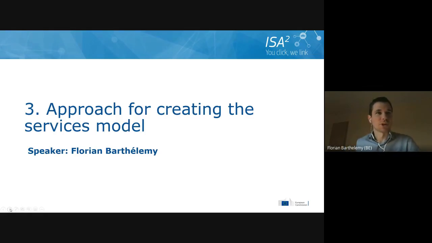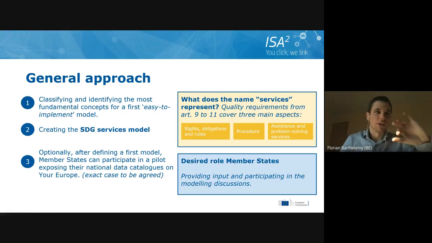Good. So if we start with the general approach, here we have separated it into 3 main phases. What we'll do today is mainly tackle the first point, classifying and identifying the key concepts that, as Miguel explained, would lead to a model that is as easily implementable as possible by everyone as part of this goal.